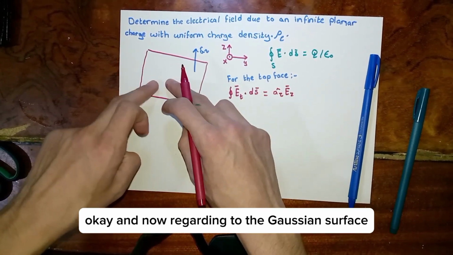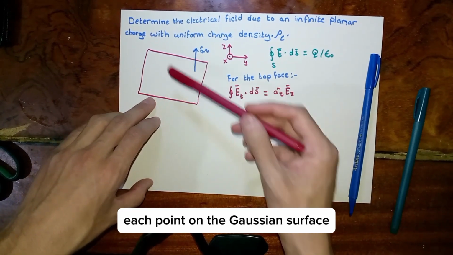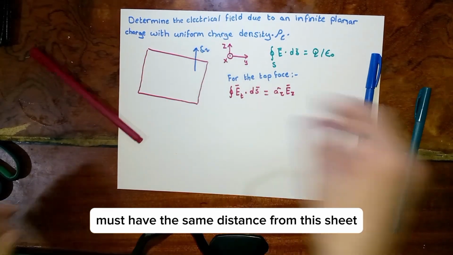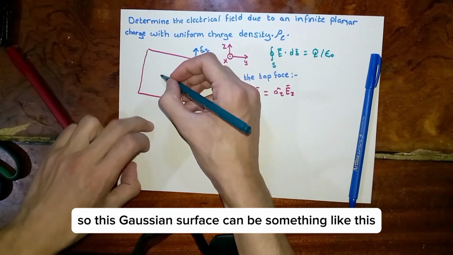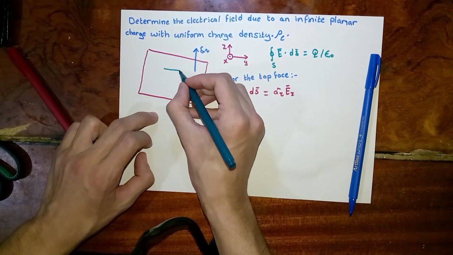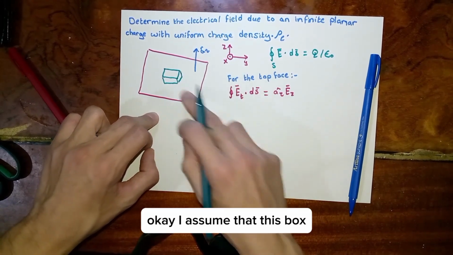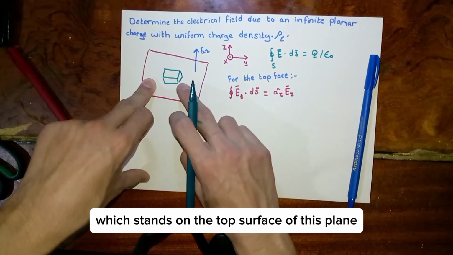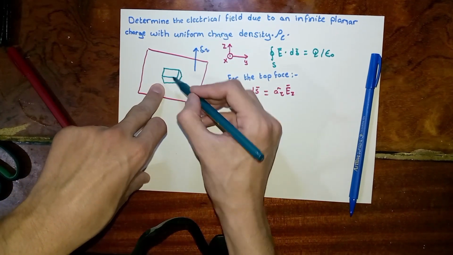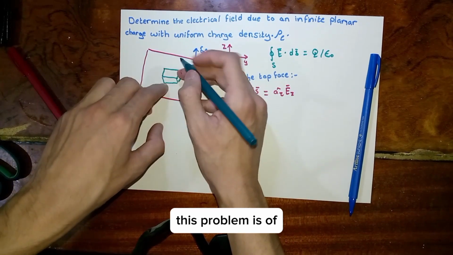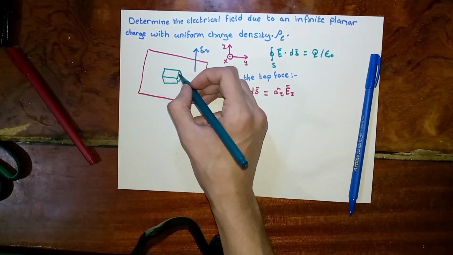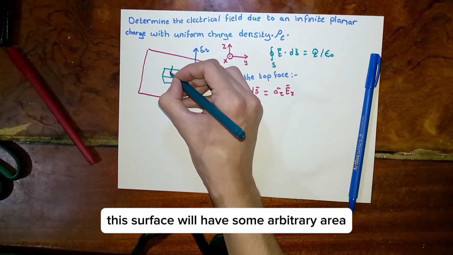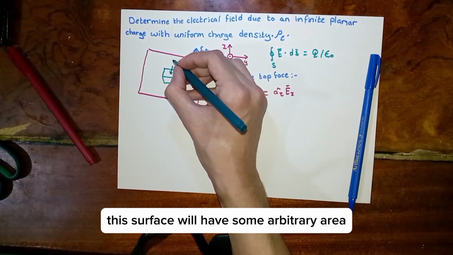Now regarding the Gaussian surface, each point on the Gaussian surface must have the same distance from this sheet. So this Gaussian surface can be something like this. I assume that this box stands on the top surface of this plane, and this is the Gaussian surface that we consider in this problem. This surface will have some arbitrary area which is A.